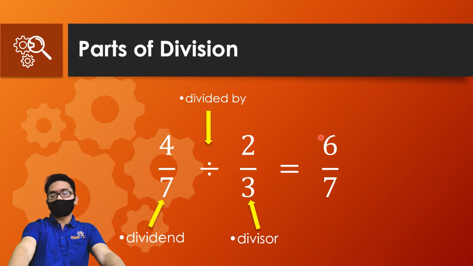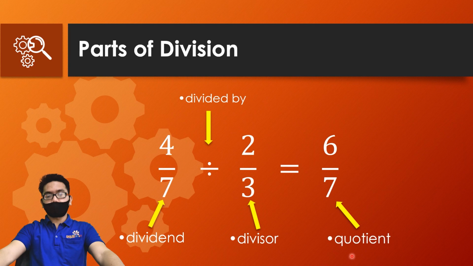And the answer in division is called the quotient. One more: dividend, divided by, divisor, quotient.